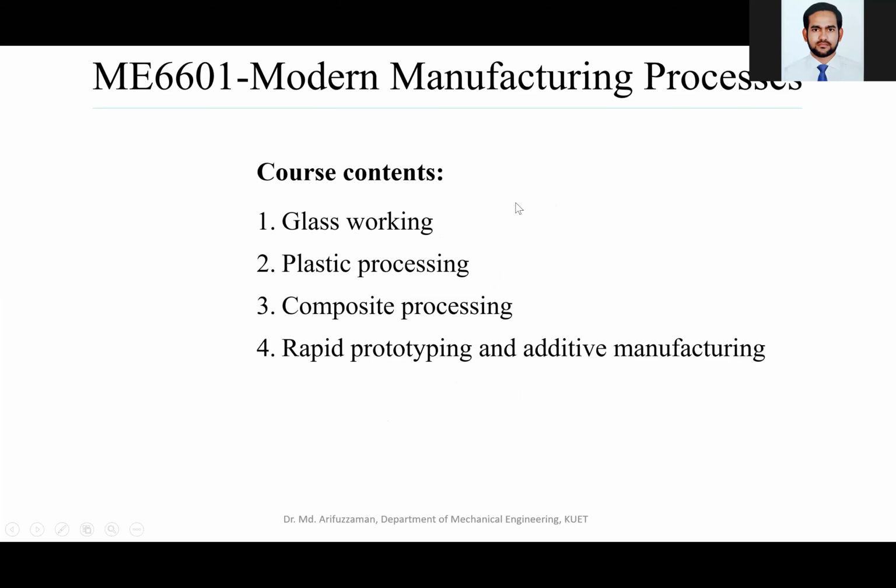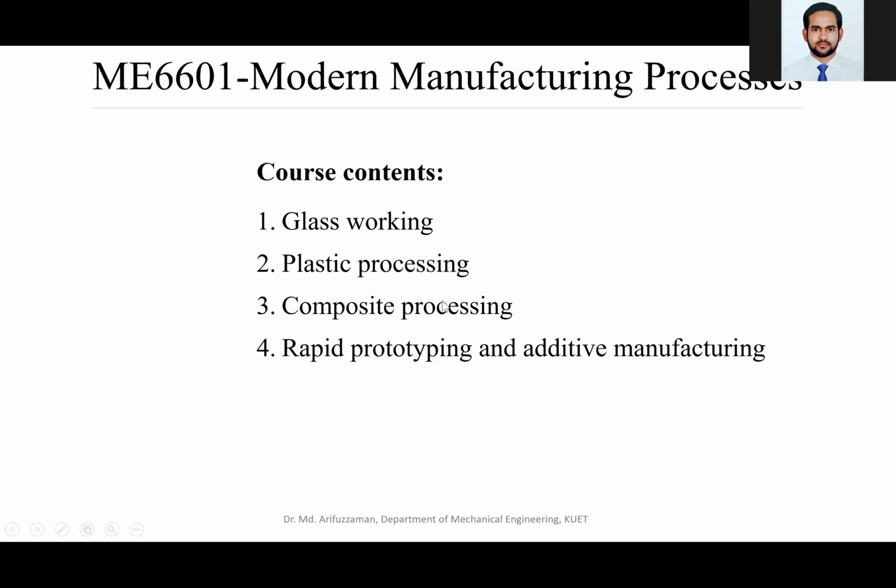Okay, the course content. This is a consolidated course content. In here, there are 4 major classes that will be held in this Modern Manufacturing Process lecture. First one is glassworking. Actually, in the undergrad level, we don't study all these things.